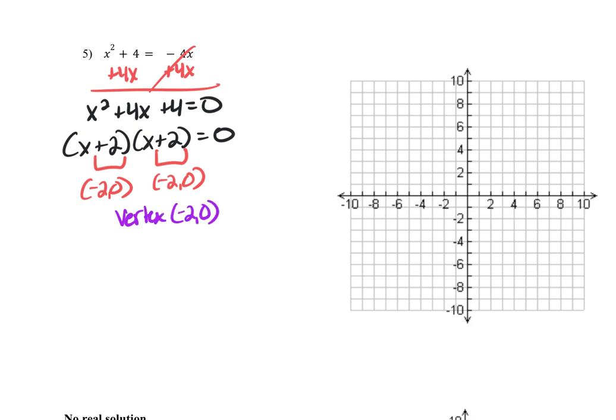And so I'm going to make a point on negative 2, 0. Since it's my vertex, that tells me that my axis of symmetry is going straight through it, and that I will need to use the standard form and look at my C value. My C value is positive 4, okay? That's this guy right here. This is my C. So that is my y-intercept.